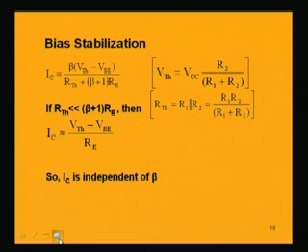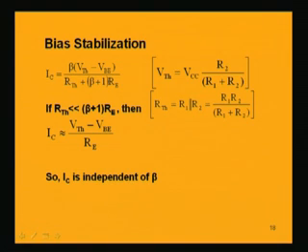Now, the bias stabilization can be done, or the IC current can be made insensitive to beta, if the denominator term R Thevenin, that is the Thevenin's equivalent resistance, can be made very small as compared to (beta plus 1) RE.